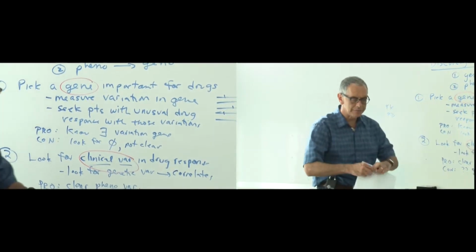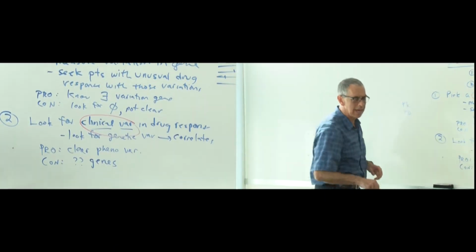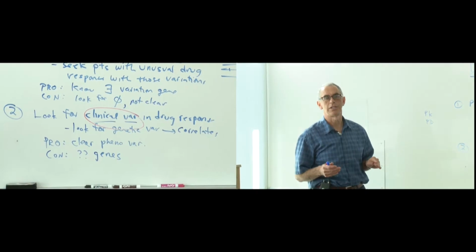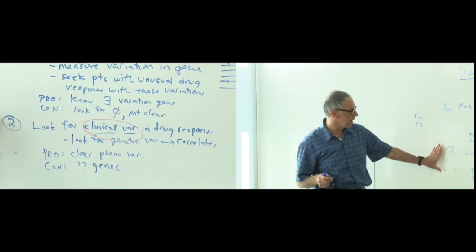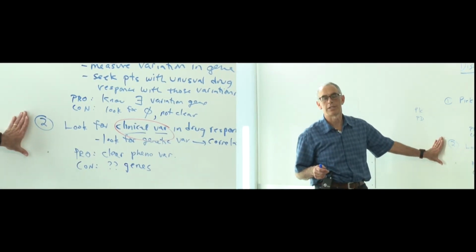The world kind of changed about 15 years ago when we became capable of doing genome-wide association studies. Genome-wide association studies allowed us to have a systematic way to do phenotype to genotype.